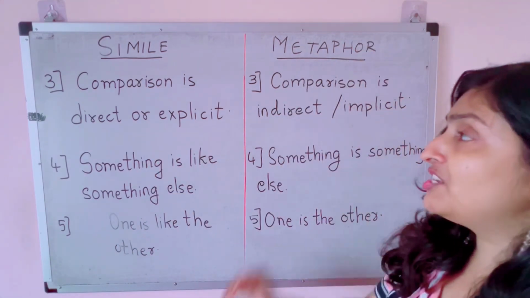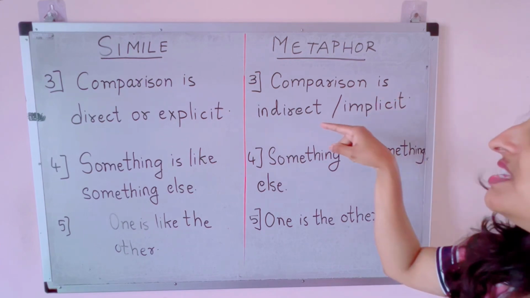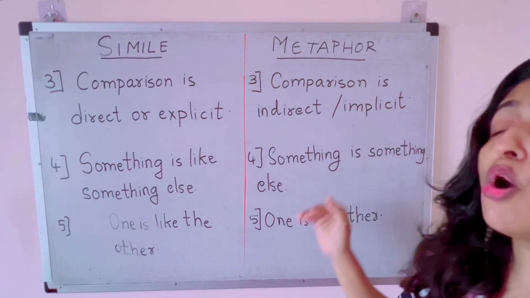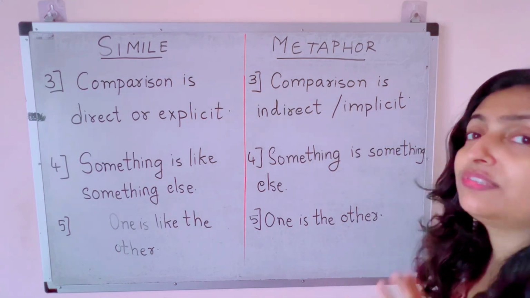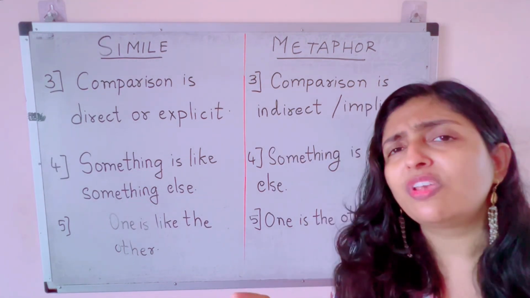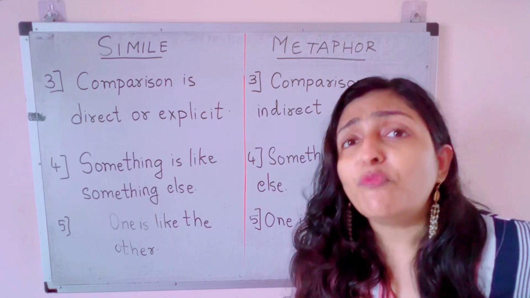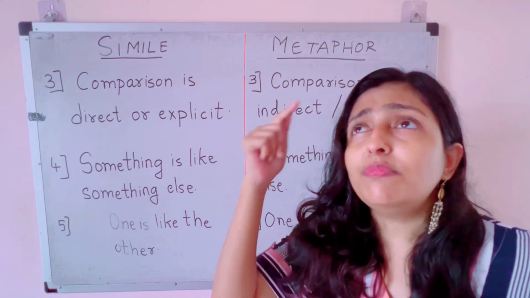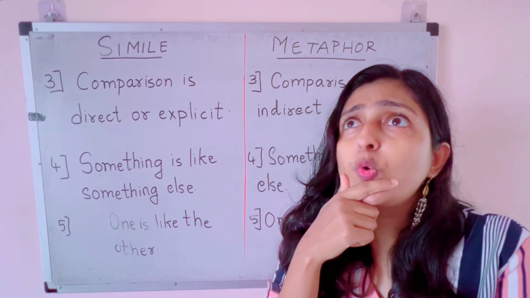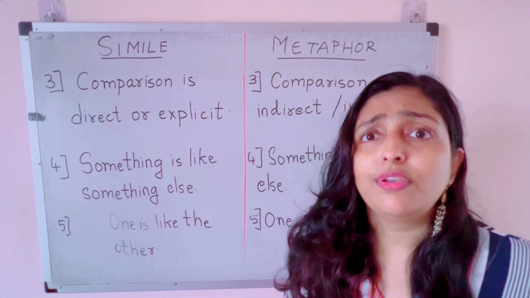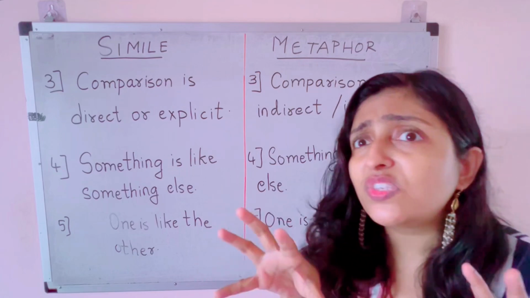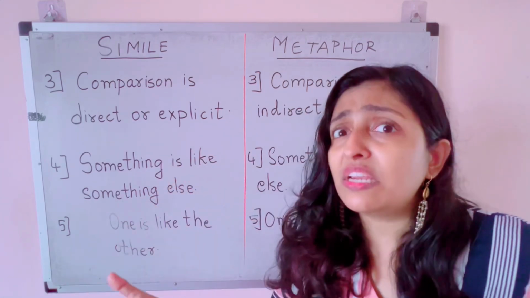Whereas in metaphor, comparison is indirect or implicit. Now, what is indirect? Not said in an obvious way. We become doubtful. We become uncertain. Things are not very clear. Implicit means secret and hidden.